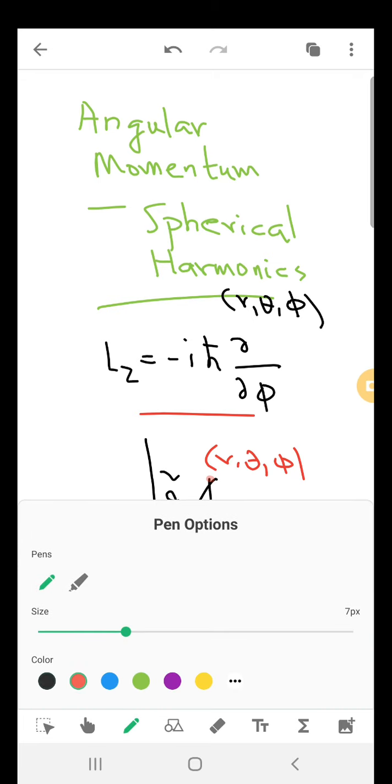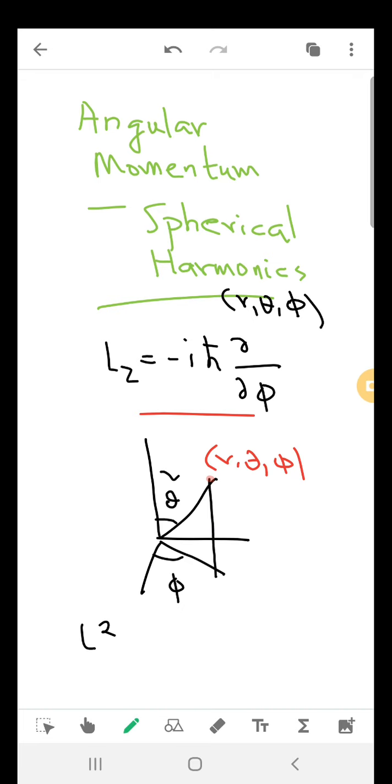And we also know that L squared is equal to Lx squared plus Ly squared plus Lz squared.